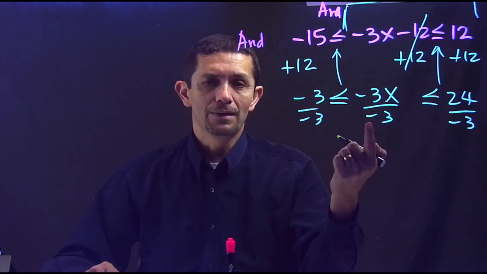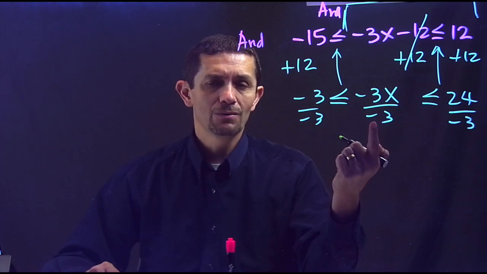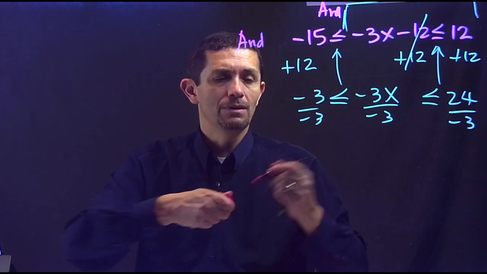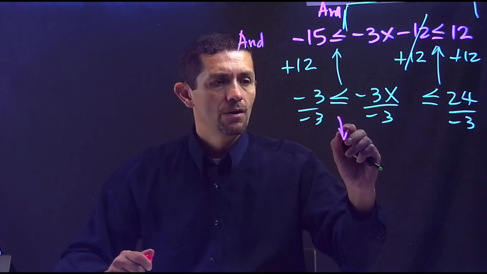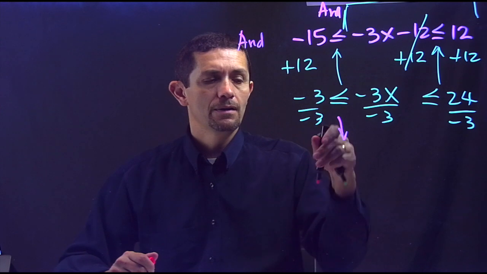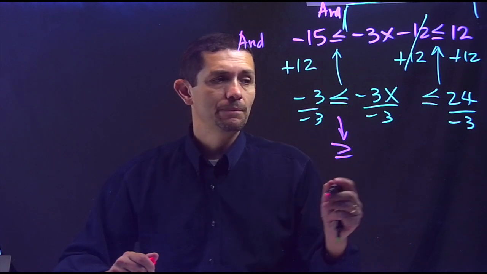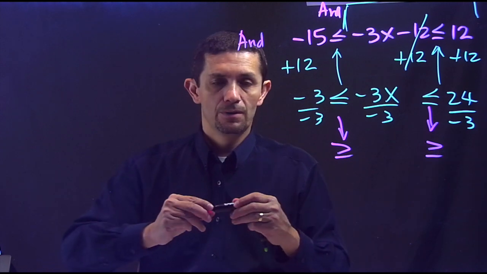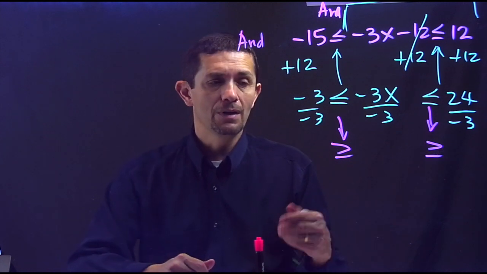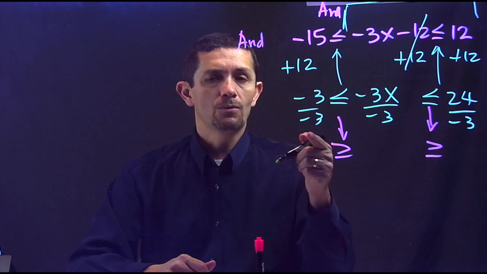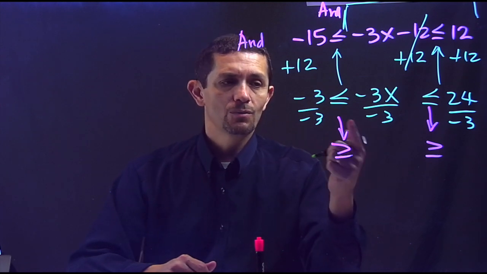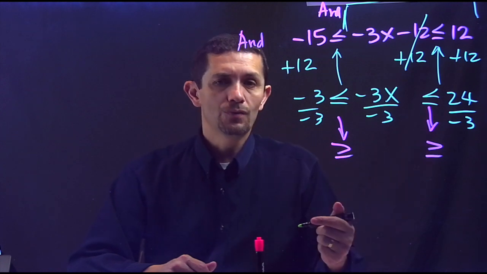Every time I'm dividing or multiplying by a negative number, my inequality symbols flip, they switch. I'm going to flip them. That is going to change the direction. Every time I'm doing inequalities and I divide by a negative number, my inequality symbols will flip.